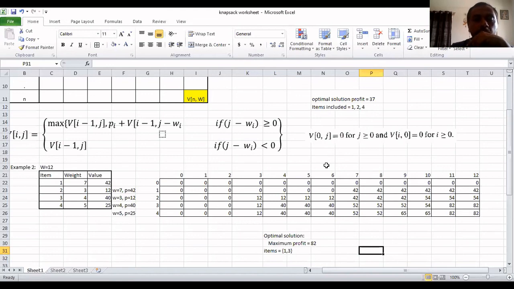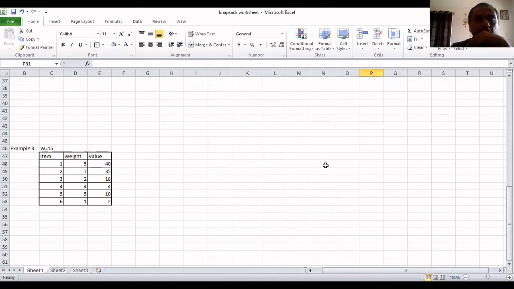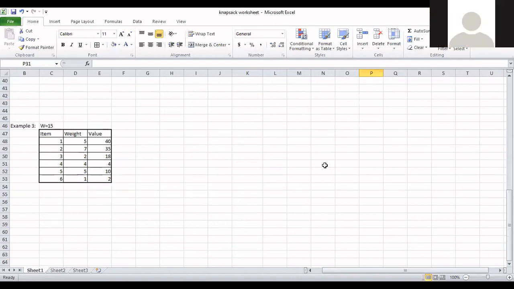Dear students, I have one more problem. Can you try solving this? Please make a note of this. In the next class, we can see the solution for this as well as how we can optimize.